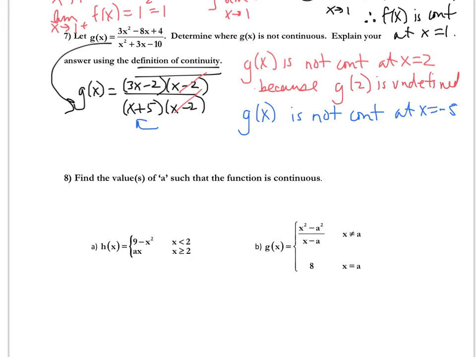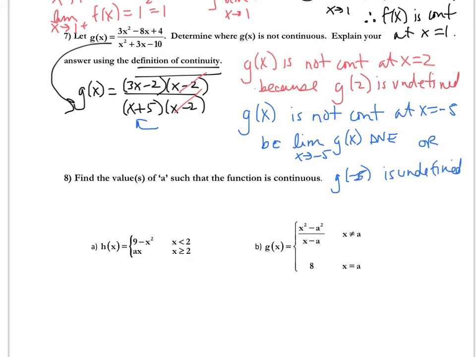The first reason, which is the most common, is that the limit as x approaches -5 of g of x does not exist. You could also say because g of -5 is undefined.